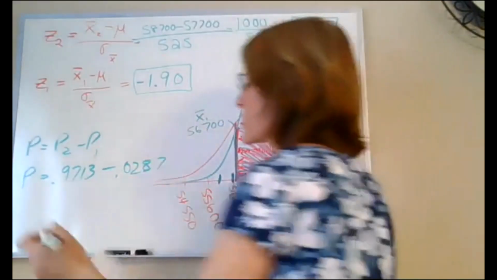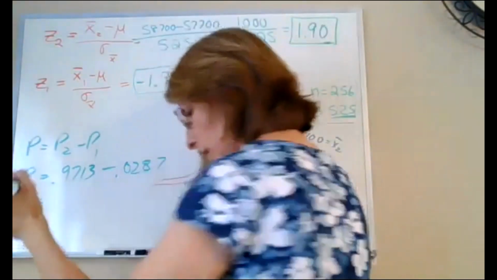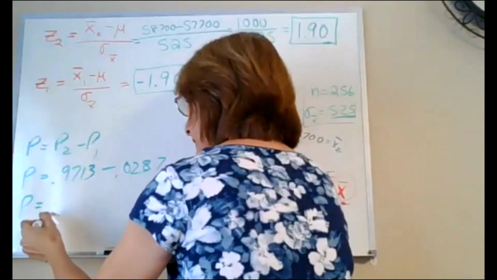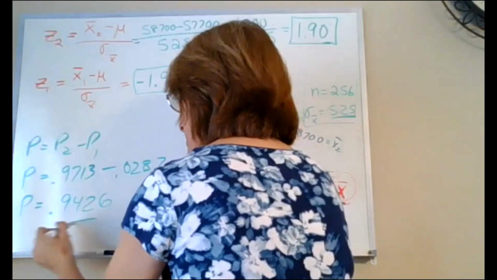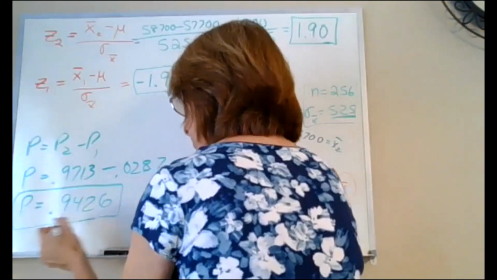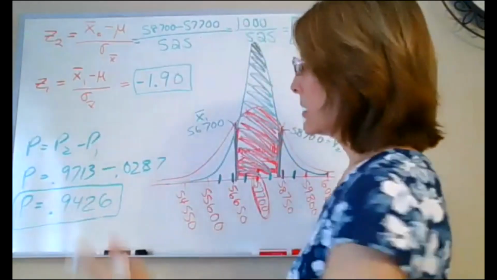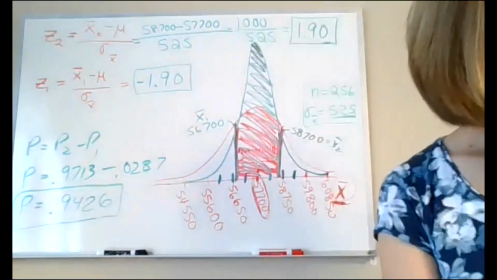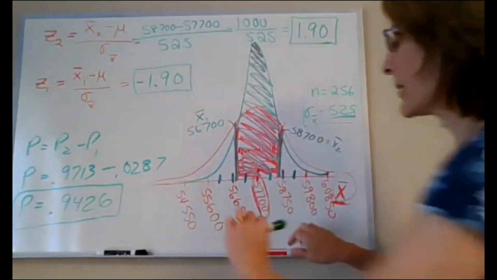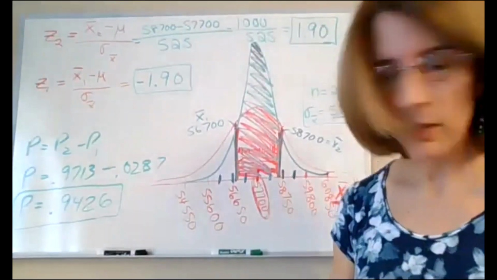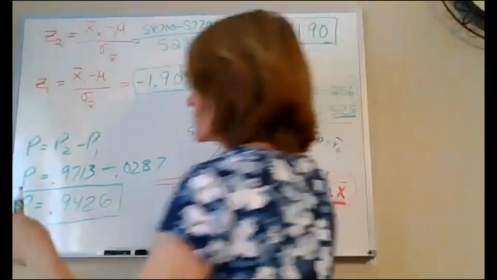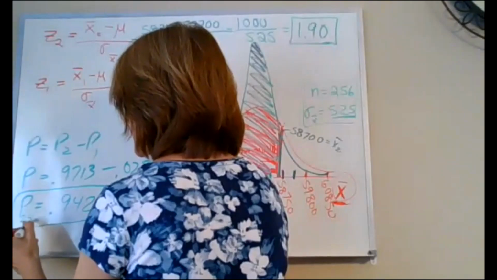And then you subtract those two, and the probability that we're within 1,000 is now 0.9426. Much bigger. The last one was for the previous sample size. So this one is for 256. This is the probability for 256.